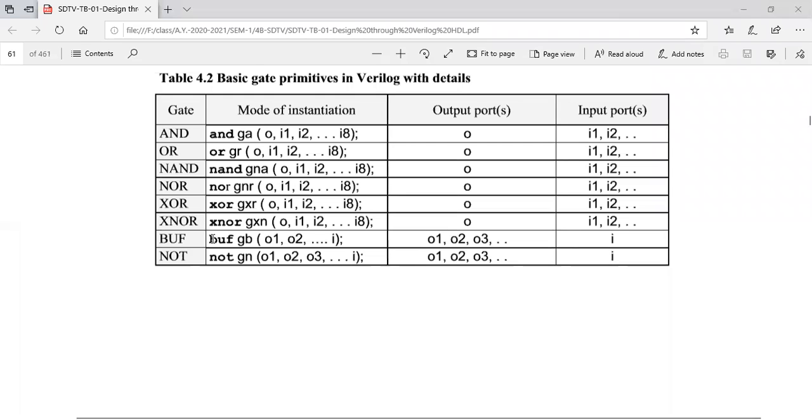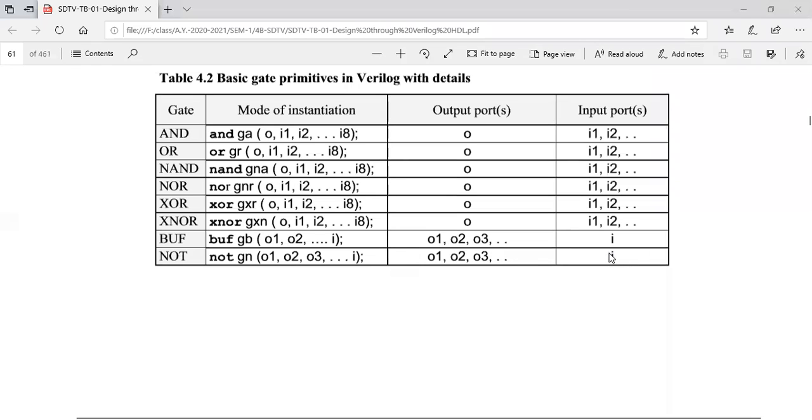Only one thing we have to remember is the buffer. A buffer will have any number of outputs, but only one input. A buffer is nothing but storing some value that has to be used many times. That's why we have only one input and many outputs. The NOT gate is similar to a buffer; two NOT gates together are nothing but a buffer.